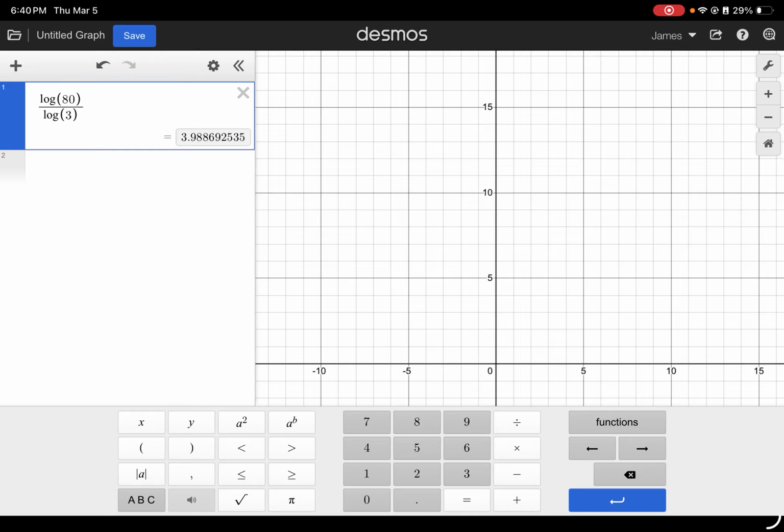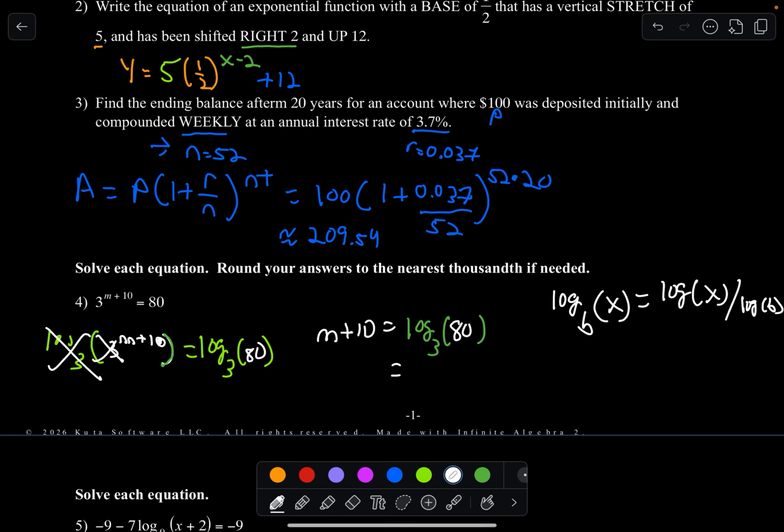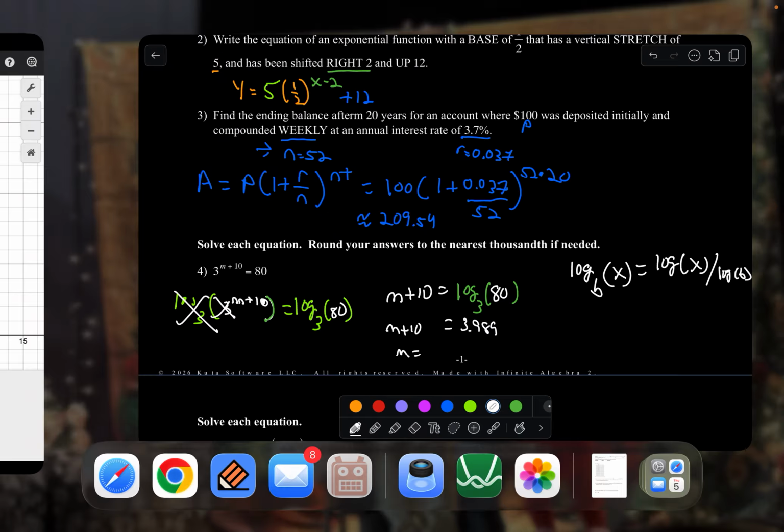And that gives us 3.989. And that's m plus 10. So m equals 3.989 minus 10.